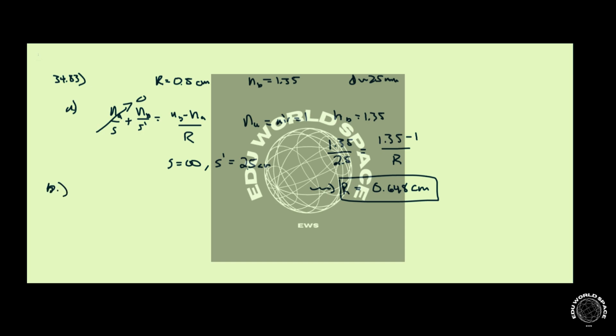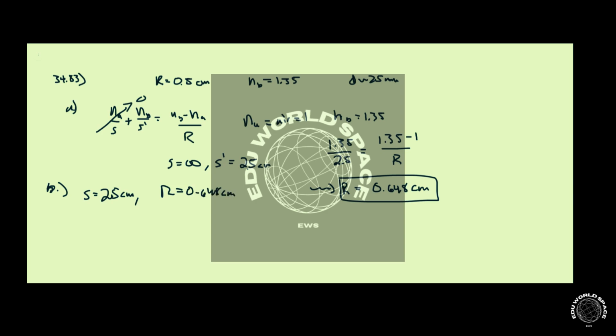Part B asks, if the cornea focused the mountain correctly on the retina as described in part A, would it also focus the text from a computer screen on the retina if that screen were 25 centimeters in front of the eye? If not, where would it focus it? Okay, so now we can use the object distance of 25 centimeters and the r that we found before.